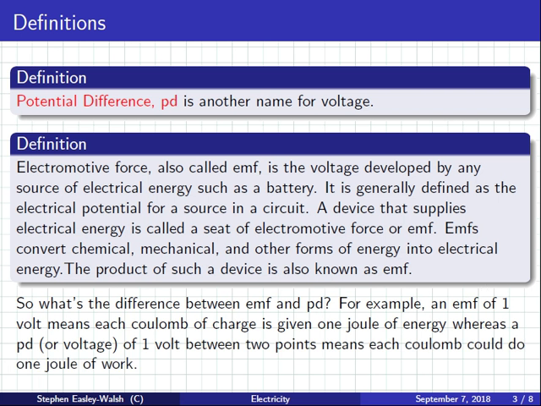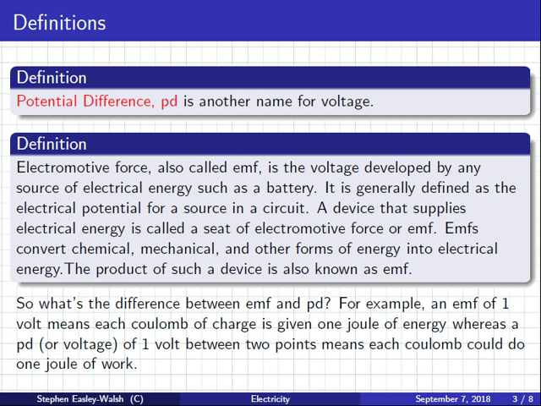So the difference for me is EMF provides and potential difference takes. But you measure both of them in volts anyways. So they're both a type of voltage. An EMF voltage is a voltage that provides, and a potential difference voltage is a voltage that takes.